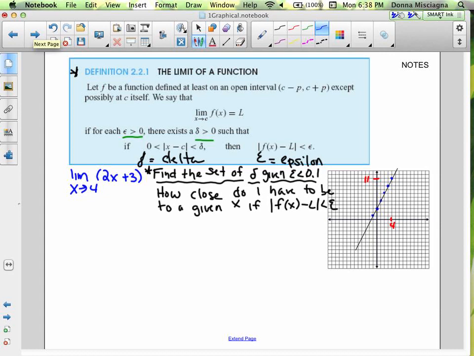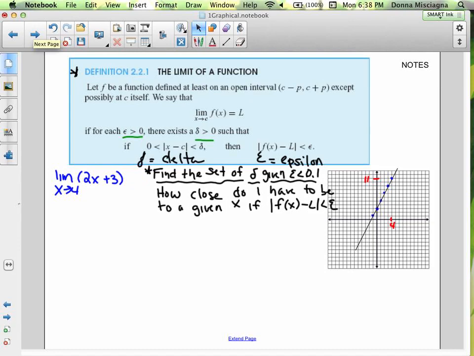We're interested in this limit here, the limit of 2x plus 3 as x approaches 4. I'm going to move this over a bit. I don't have any of this written in your notes, except for the graph. I don't think it's graphed, but you can graph it. So you'll just follow along with me.